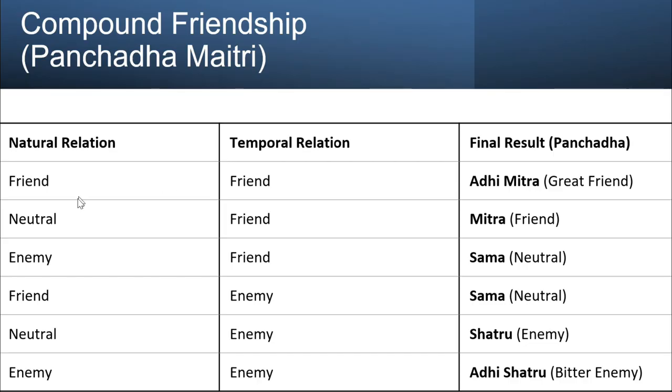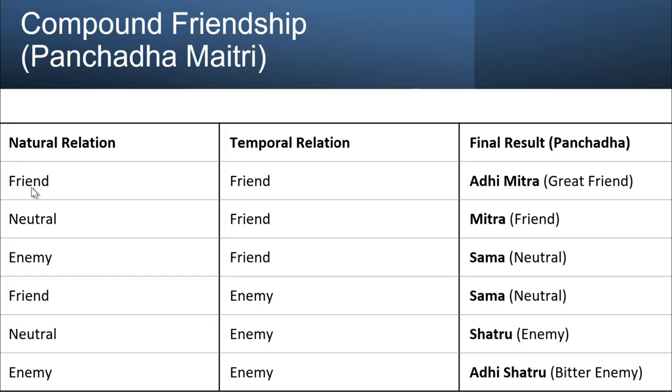Now see, in the natural friendship and enmity table, they can be friend, enemy, or neutral. But in temporal friendship, they can only be enemy or friend. There is nothing known as neutral in temporal relationship.